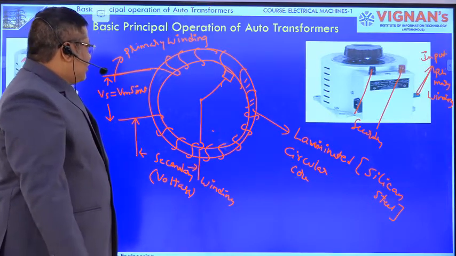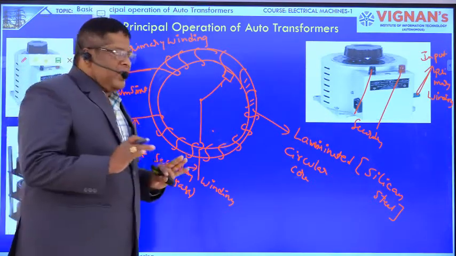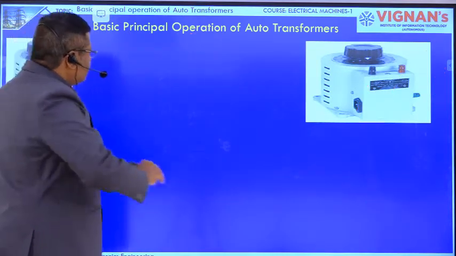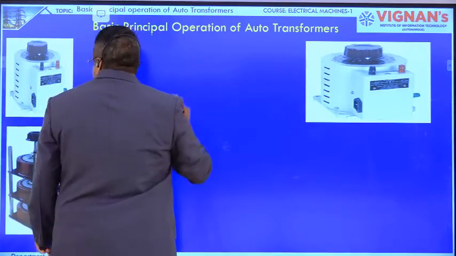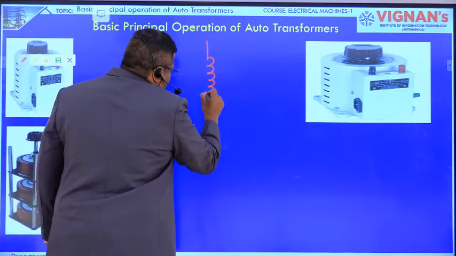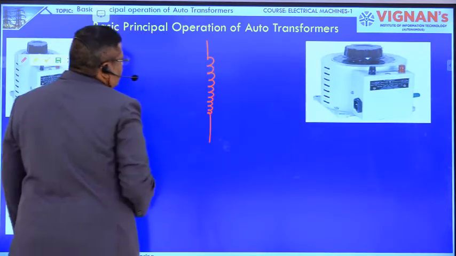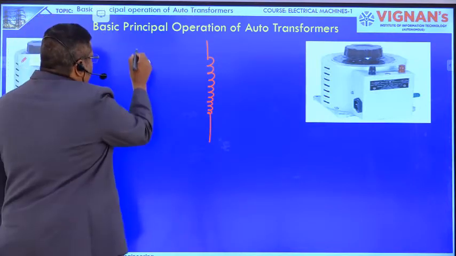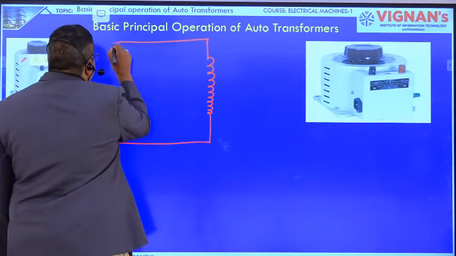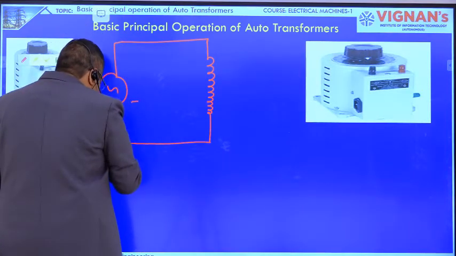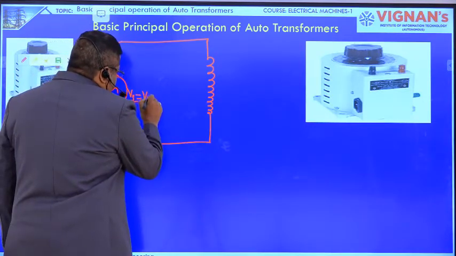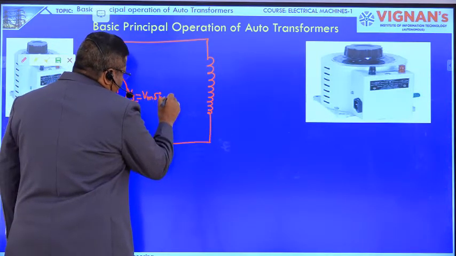Okay, now we are going to represent the same thing in an equivalent circuit. Here we have taken one coil. For this coil, we give the sinusoidal voltage Vs, which we can represent as Vm sin omega t.